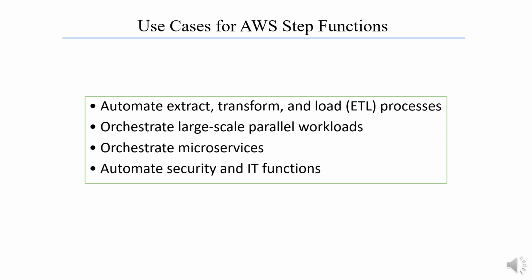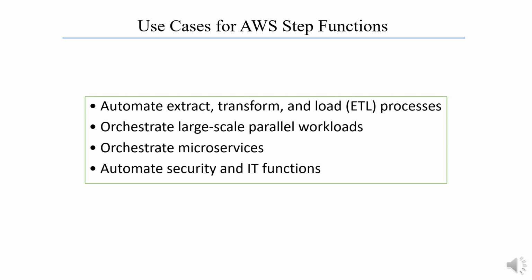Automate extract, transform, and load (ETL) processes. Ensure that multiple long-running ETL jobs run in order and complete successfully without the need for manual orchestration. Orchestrate large-scale parallel workloads. Iterate over and process large datasets such as security logs, transaction data, or image and video files.